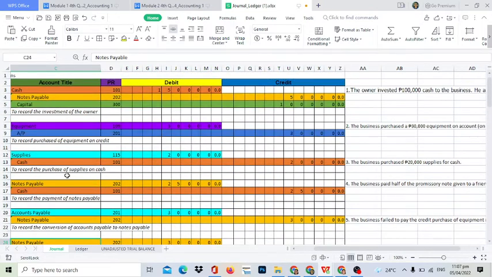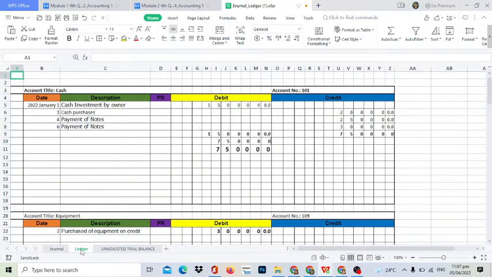Okay, so after the recording of the transaction in the journal, okay, you will transfer the information from the general journal to the general ledger. So this is the ledger. Okay, so sa ledger po, dyan sa taas, may nakalagay na account title.